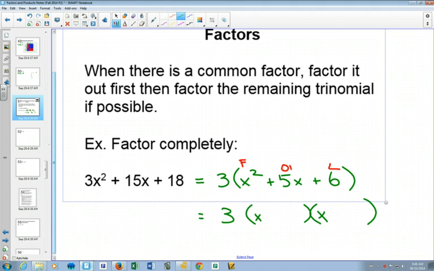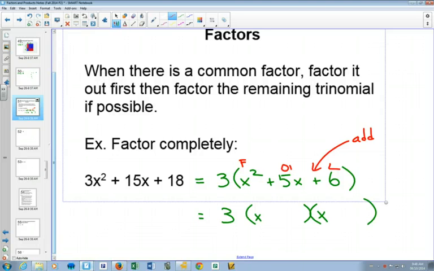And 2 and 3 add to make 5, and 6 and 1 subtract to make 5. So which one will it be? Do you remember that we talked about that giving us a hint? Should the 2 numbers, the outside and the inside, add to make 5 or subtract to make 5 if the last one's positive? They should add to make 5.